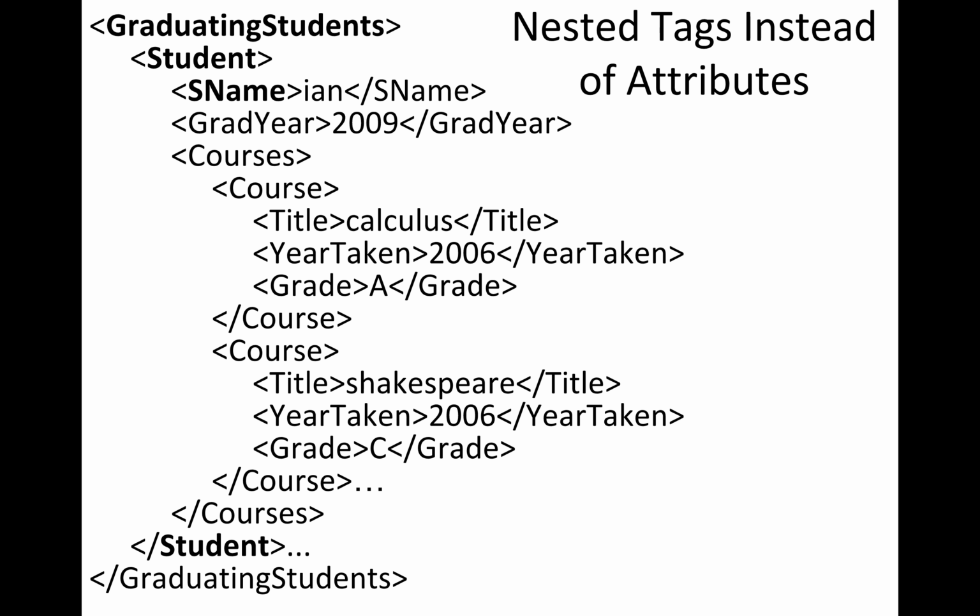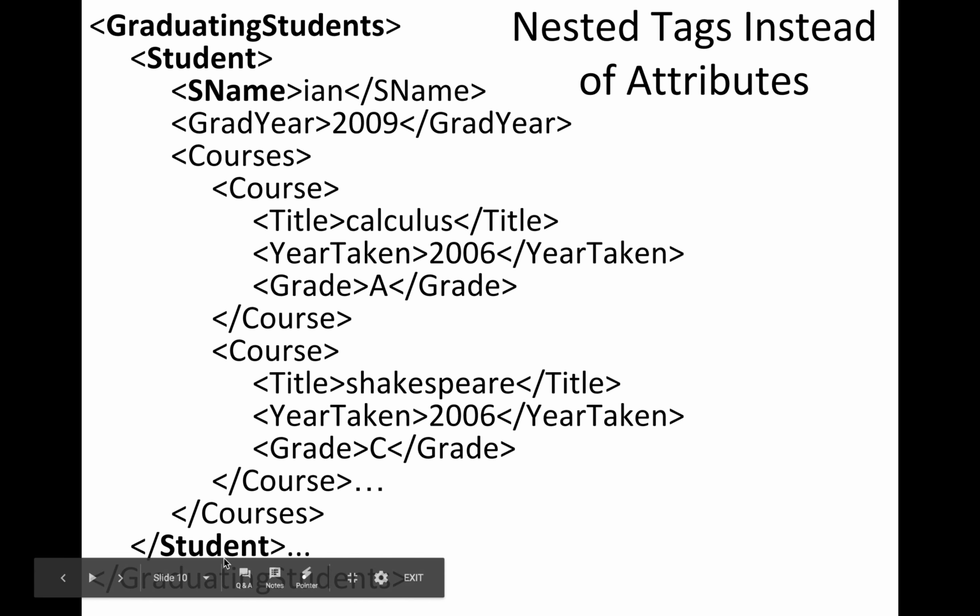Or we might decide to implement this in a much more hierarchical way, where we can nest the data. So for instance, in this case, we have the graduating students. We have perhaps several instances of these students. Here's one student, and then there would be another student following, being a sibling of this one.